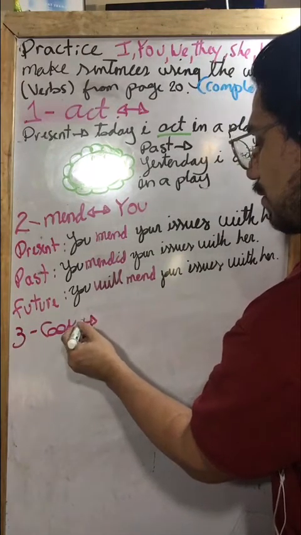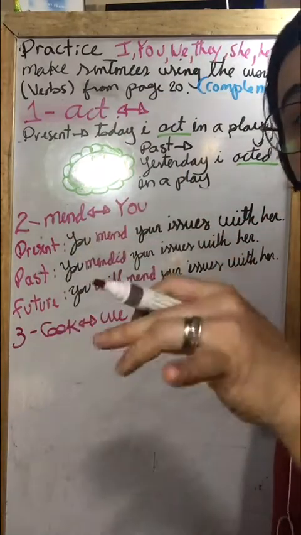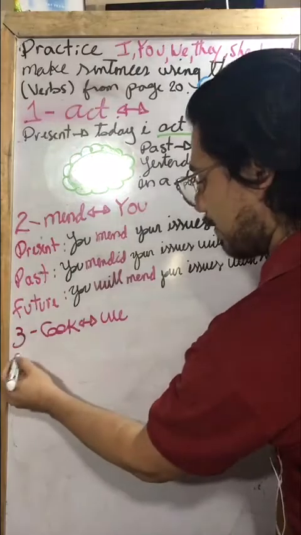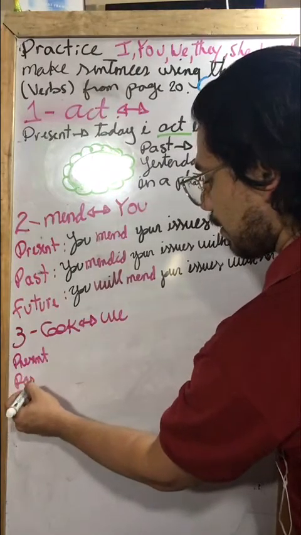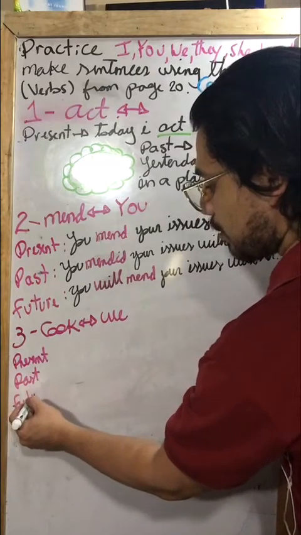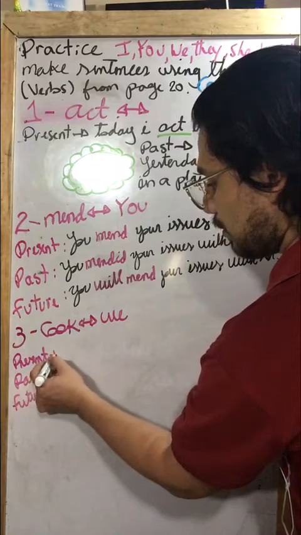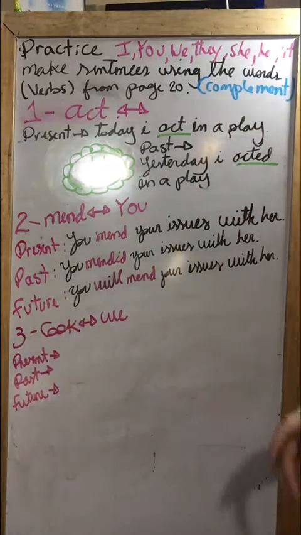Number 4, which is next? We. Remember, we includes you in the group. So we have present, past, and future. Okay, let's do it.